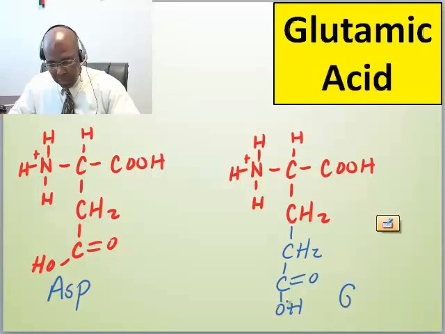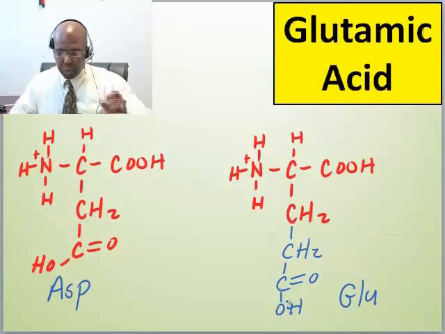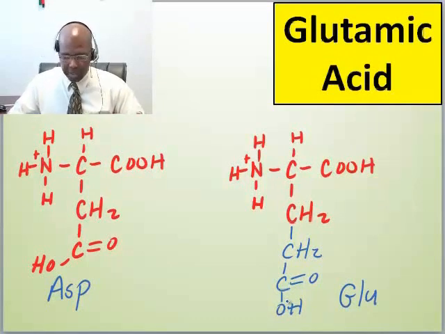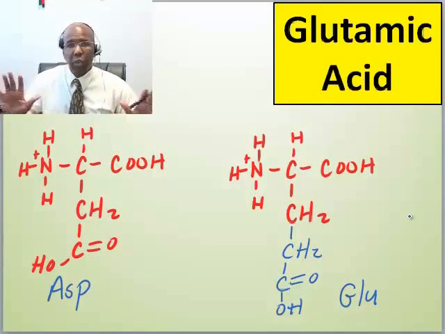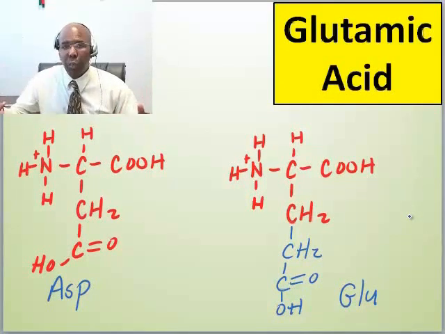And now this amino acid is glutamic acid. Very simple thing to do. And so now we have the amino acid glutamic acid. Now there's no association to remember. Just remember, add one more carbon to aspartic acid for glutamic acid.